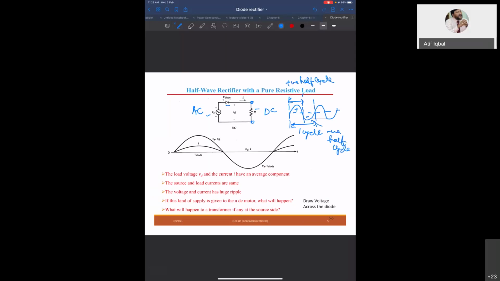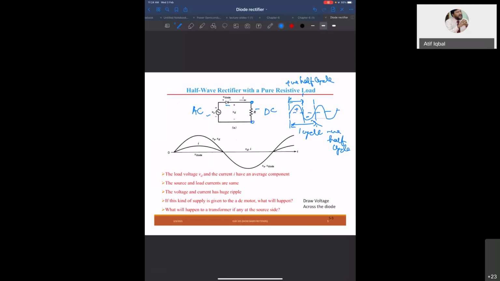This is one cycle of AC. What it does is rectify the positive half cycle, but it doesn't do anything with the negative half cycle. So only half of the cycle is rectified, and that is why it is called a half wave rectifier.